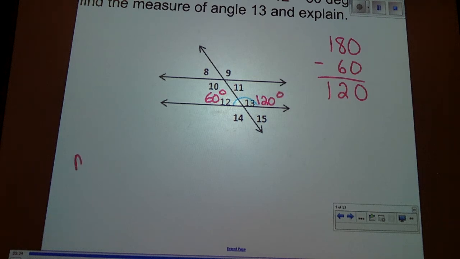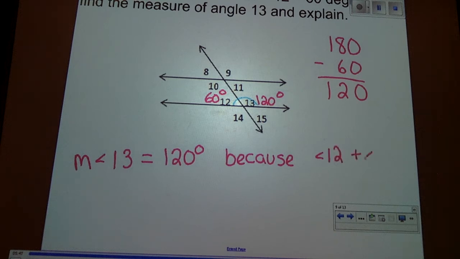So we can say the measure of angle 13 is 120 degrees because angle 12 and angle 13 are supplementary angles, which means they have to add up to equal 180 degrees. So again, you're filling this in on your notes packet.